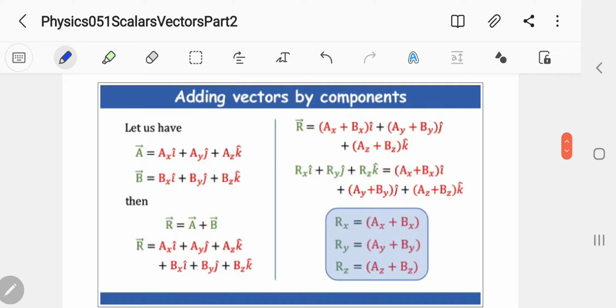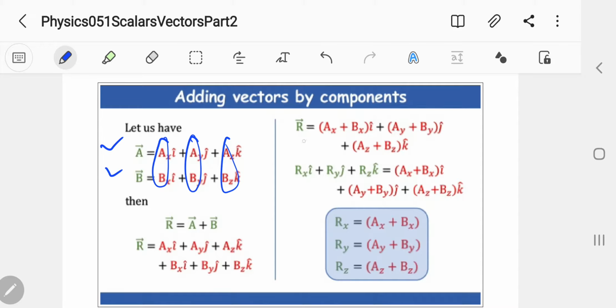So how do you add vectors by components? So you have an x component, a y component, and a z component of the vector. If you have two vectors a and b, and you have to get the sum, then you just add the corresponding components.